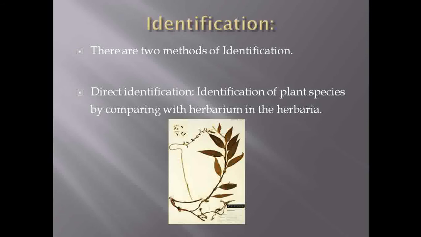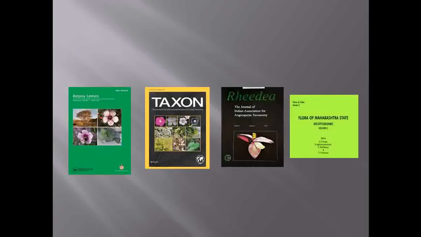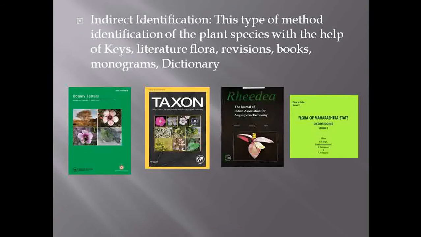So if we use the herbarium or photographs for identification of the plant species, then that method is called the direct method of identification, while in the indirect method of identification, we use different types of keys and all the available literature in the form of floras, revisions, books, monographs, and different dictionaries.